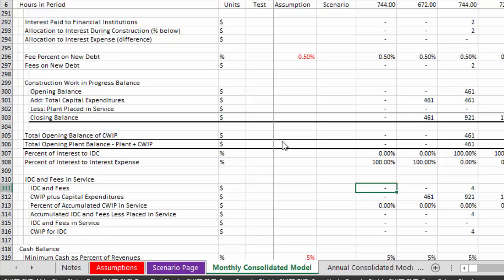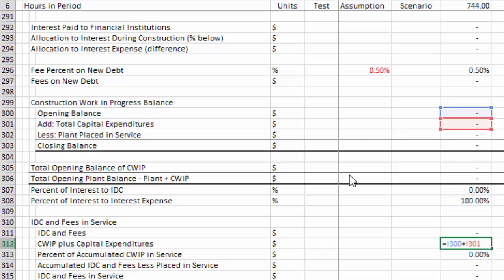Fees, a little exception. And then we just say, okay, let's look at the opening balance and add the capex to that. That's like the closing balance before we subtract the plant in service. And then take the amount of the plant placed in service divided by that number.